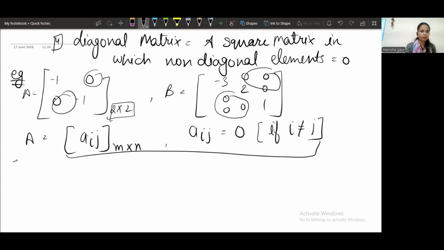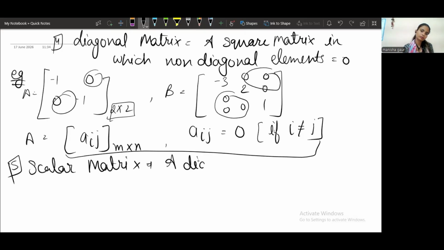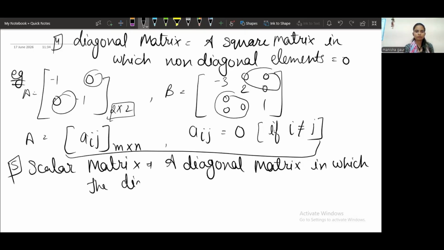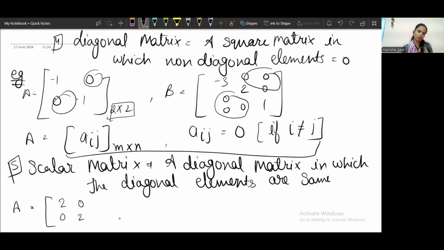Similarly, our fifth type is the scalar matrix. What is a scalar matrix? We take a diagonal matrix in which the diagonal elements are the same. Take an example: 2, 2, 0, 0.